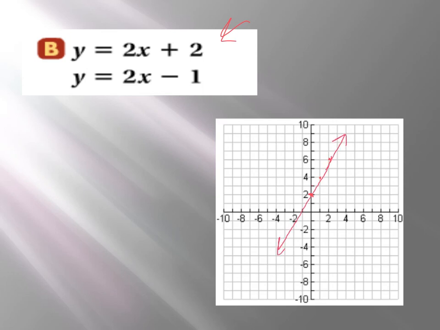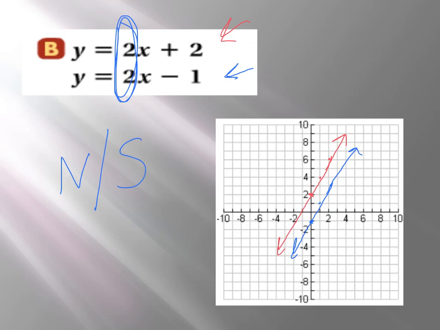And then my second equation has a y-intercept of negative 1 and a slope of rise of 2, run of 1. And I graph that. When I look at these equations, both slopes are exactly the same. That means they're parallel. So there's going to be no solution here. These two lines will never cross. That means there will never be an answer.